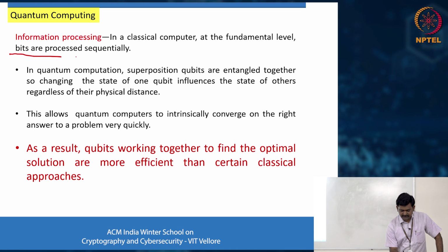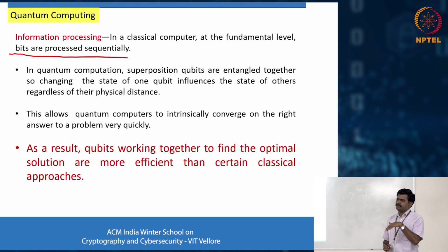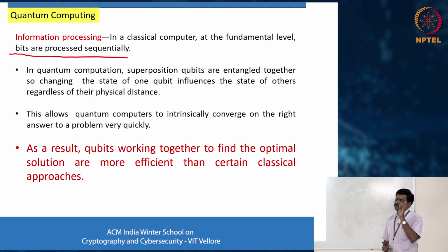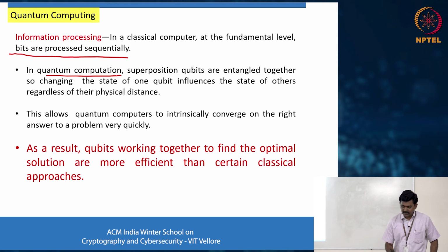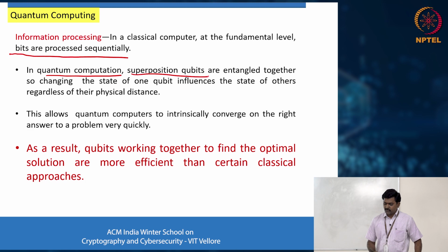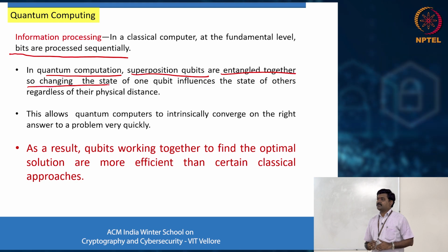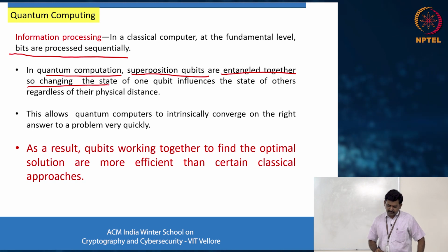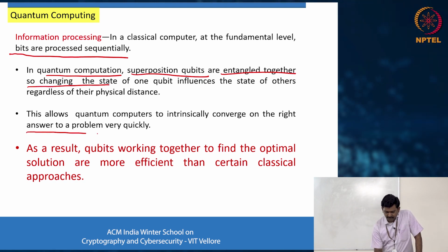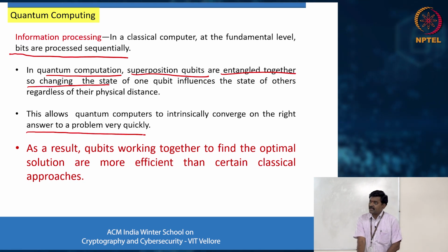In the case of classical bits, what happens in classical computers? They process the bits in a sequential manner, right? I'm not talking about parallel computers or parallel execution of algorithms, no. Typical classical computers go sequentially. In the case of quantum computing, since you have superpositioned qubits which are entangled together, multiple such qubits will provide you massive computing power, and hence you will be able to solve certain problems very quickly.